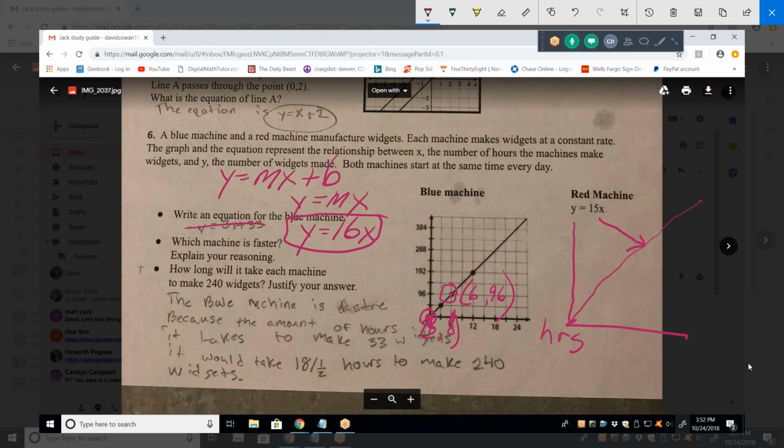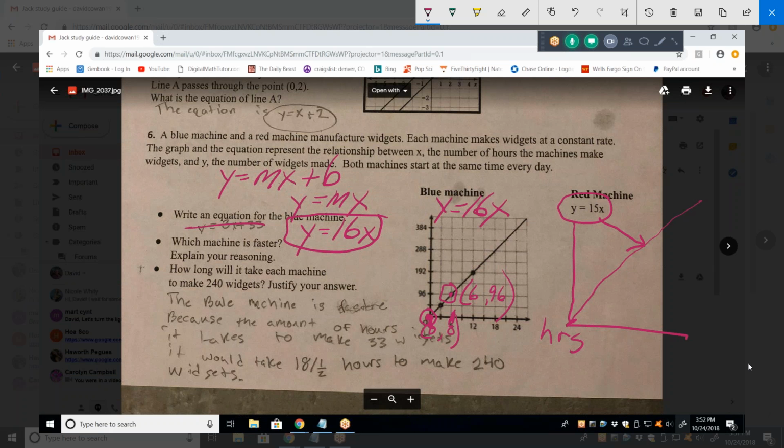I think this is a typo. At no place in this question does it ask you what the equation of the red machine is. Perhaps it's because they give it to you. But the blue machine is y equals 16x.